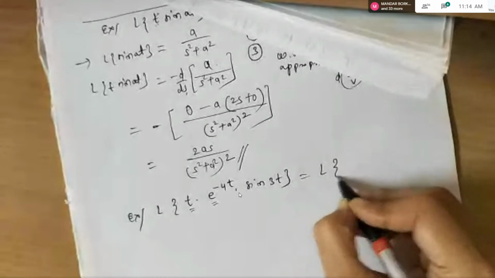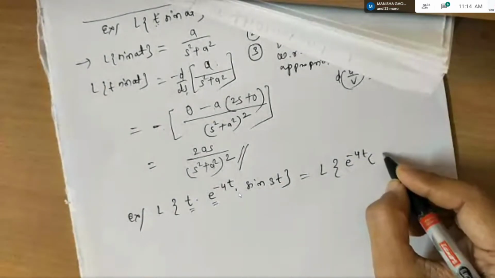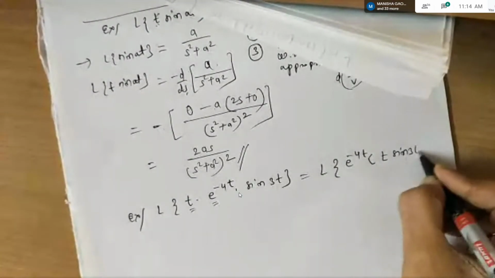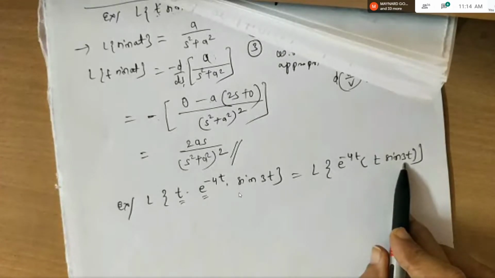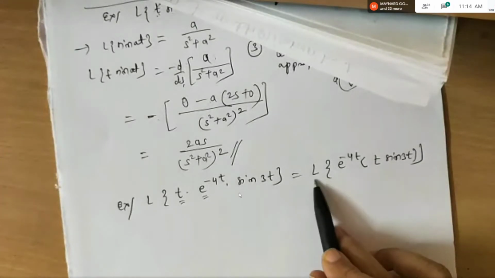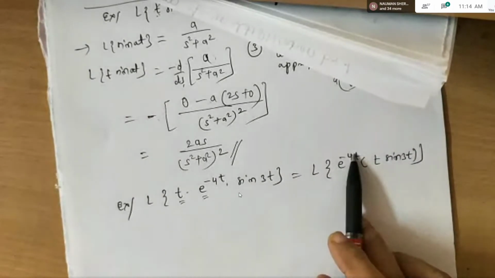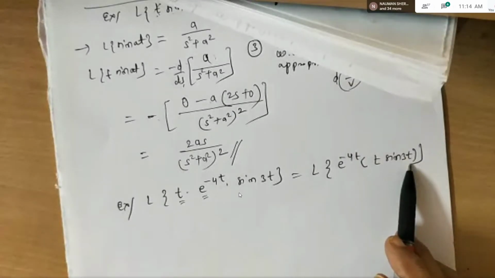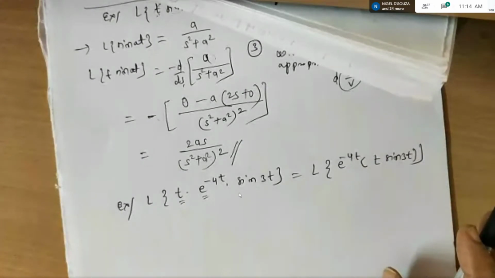I'm writing e raised to minus 4t first, I'll keep aside and put the bracket, because I want the other function, which I will take as t into sine 3t. And first I'm going to consider this as the first shifting property. First shifting property means what? You have to ignore this term, get Laplace of the other function and finally replace s by s plus 4. You understood what I'm saying?